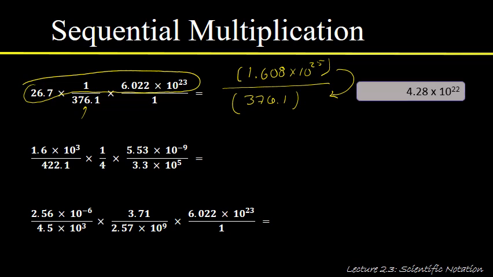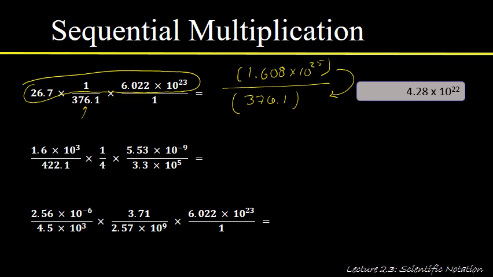And do that, we get 4.28 times 10 to the 22, right? So you can do that. Like I said, it's not wrong, right? Your answer is fine, but it's kind of an extra step and it provides an extra chance for mistakes, right?